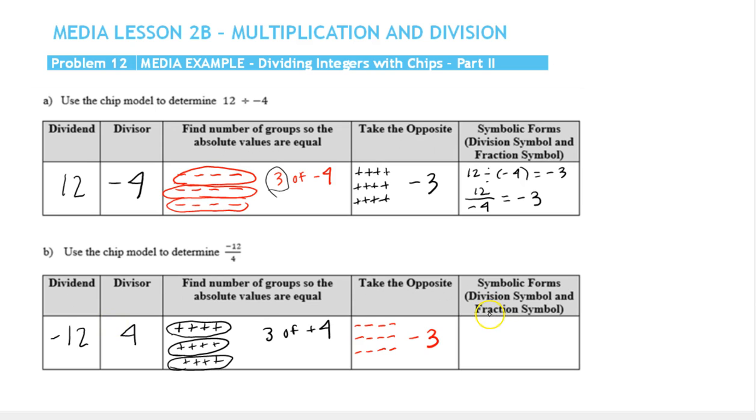So in symbolic forms, we would write -12 divided by 4 equals -3, or in fraction form, -12 over 4 equals -3.